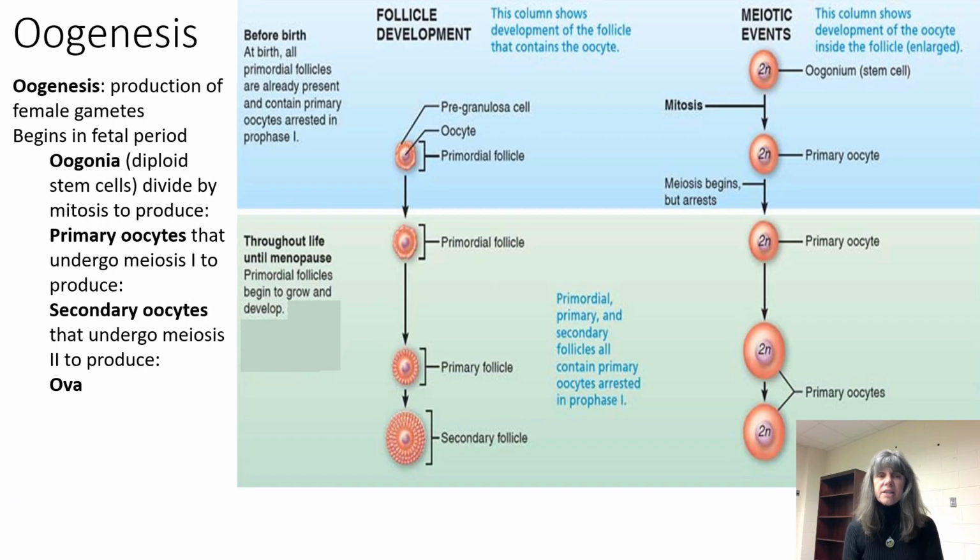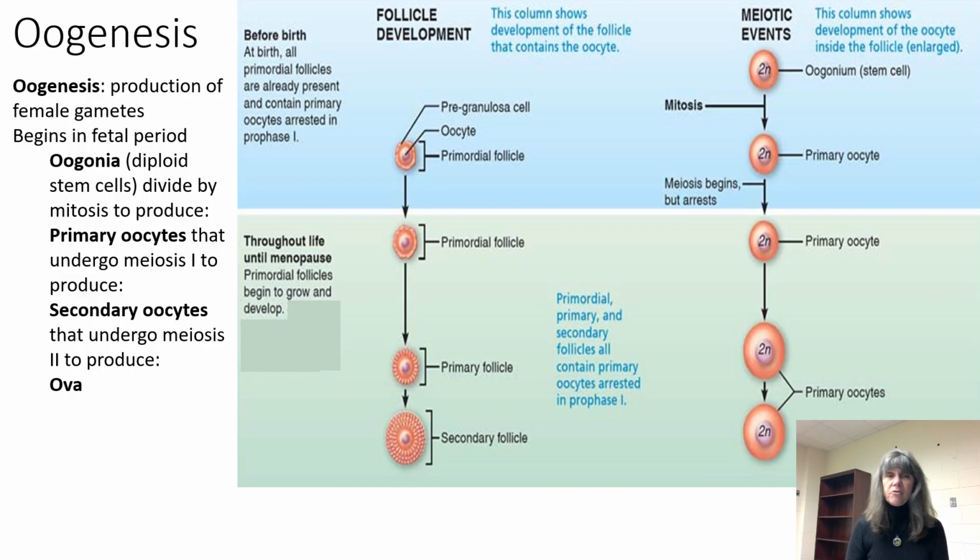When we talk about oogenesis, it's the production of female gametes, which are eggs or ova. Just like in the male, we had spermatogonia, which are diploid stem cells. In the female, we've got oogonia, which are diploid stem cells that will divide by mitosis to produce primary oocytes.